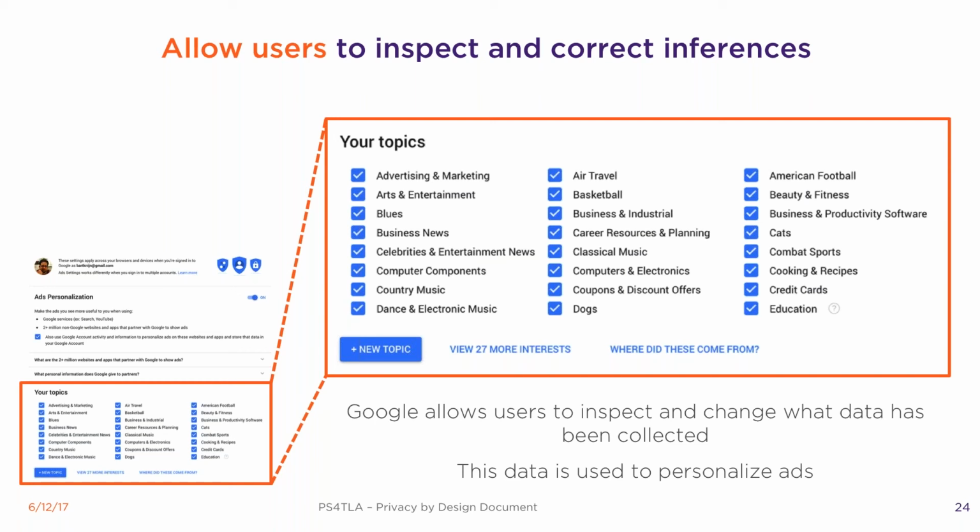So you can actually go into Google and see what Google knows about you, and you can correct that if there are many mistakes. So, for instance, if I like cats but not dogs, I can uncheck that box and correct Google's mistaken profile of me. So this is a way for users to gain a little bit of control over those inferences.